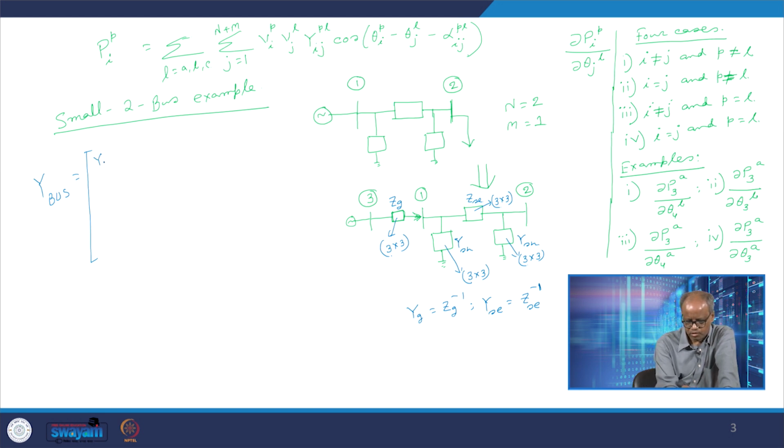So it is YG plus YSH plus YSC, and then between it will be minus YSC, and then this is 0. Please note this 0 is a 3 cross 3 0.